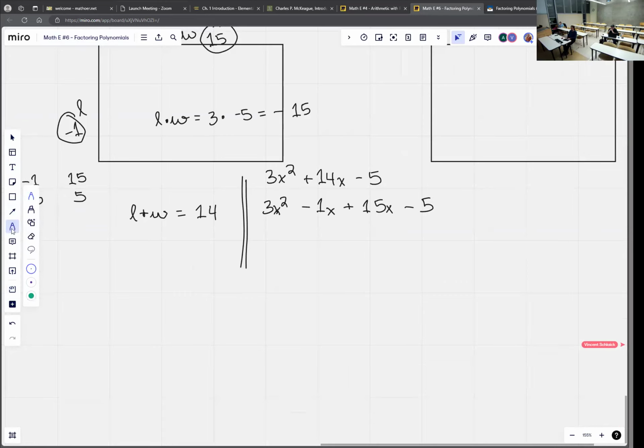Okay, what's the biggest thing in common with 3x squared minus 1x? 3. Oh, you're overly ambitious. There's no 3 in this part. You're right. It's just an x, that's all there is in common.